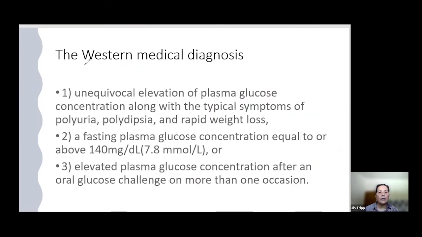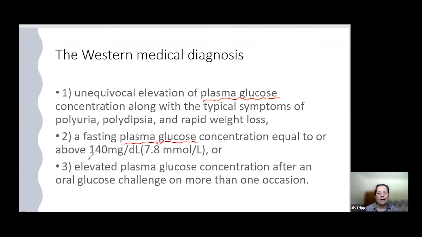What's the medical diagnosis for diabetes? So basically, we say the main problem of these illnesses is that the plasma sugar level or glucose level is high. So that's a clear diagnosis. We need to test glucose levels in the plasma.